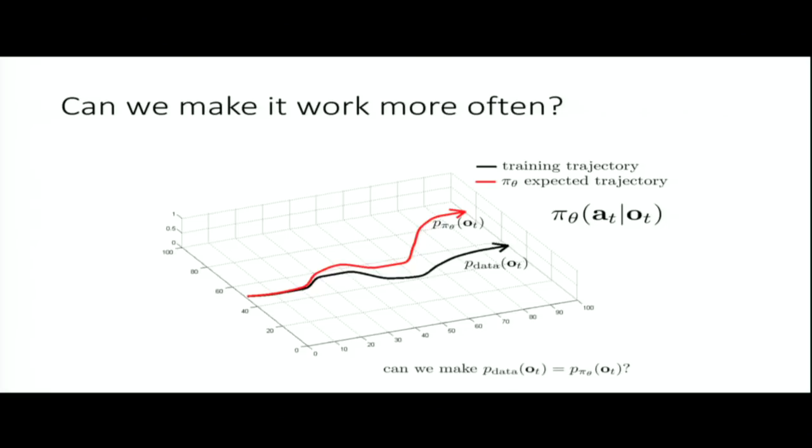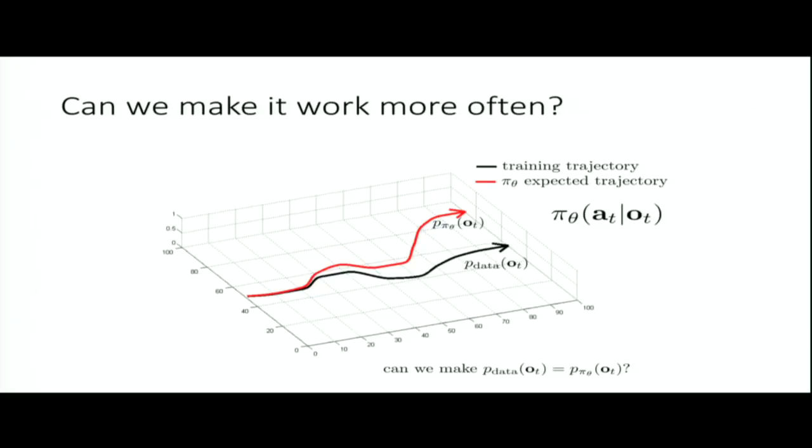So the trouble is that P pi is not the same as P data, which means you're testing on a different distribution than the one you trained on, which, if you remember from supervised learning, is not a good thing to do. That's sometimes referred to as domain shift, and in general, supervised learning doesn't guarantee anything if your test distribution is not the same as your training distribution.